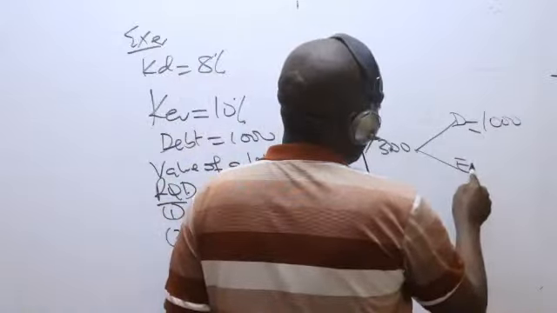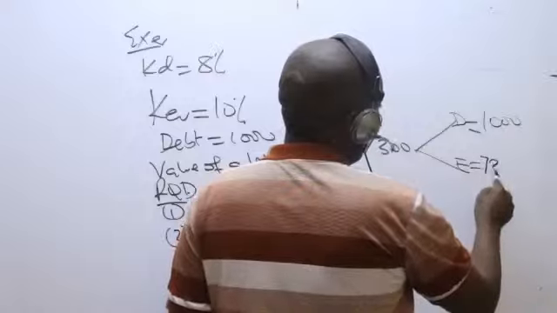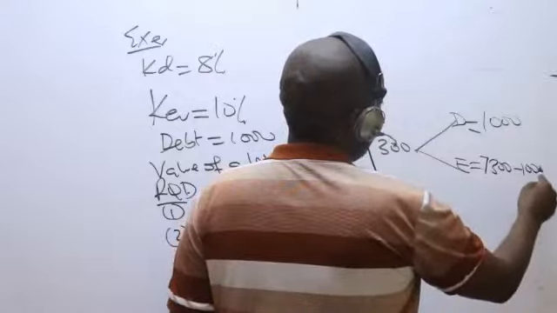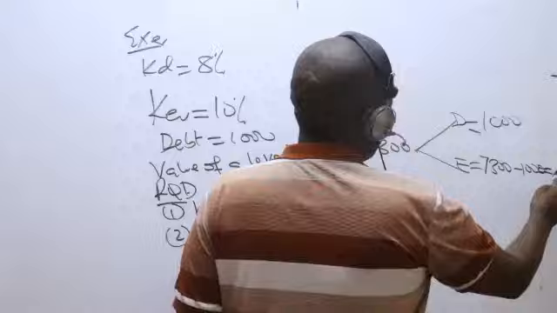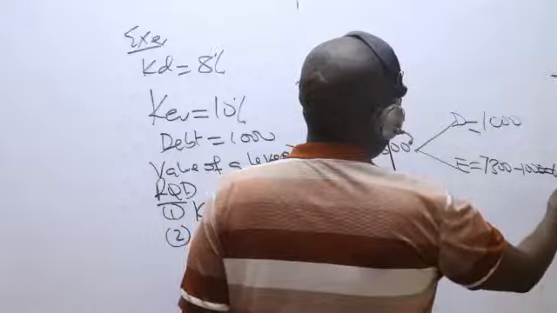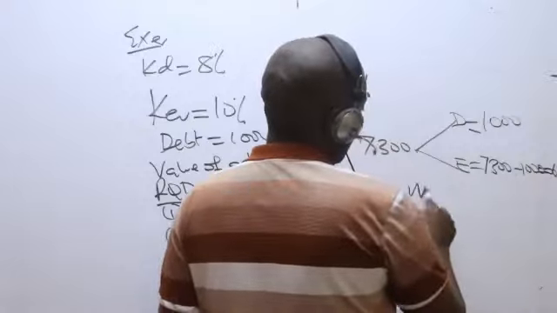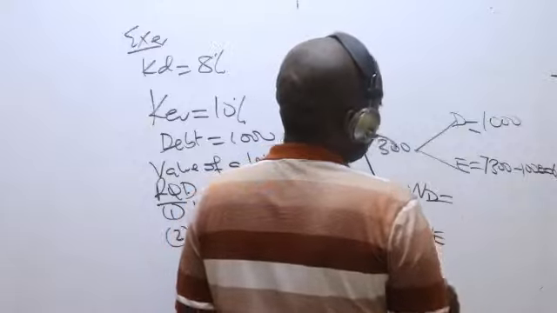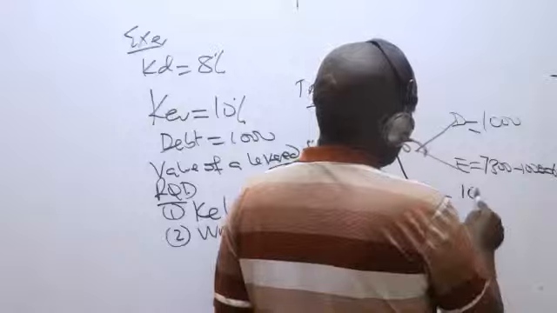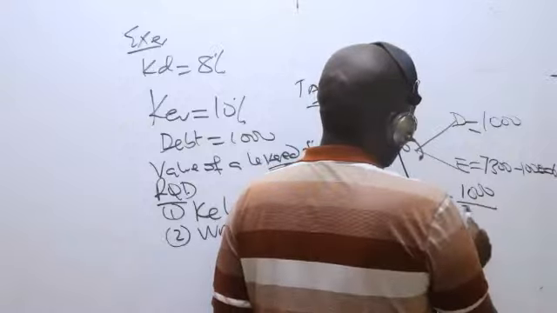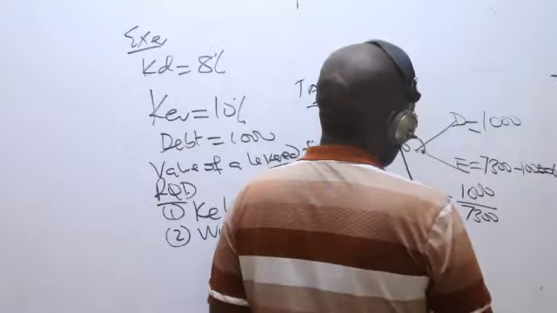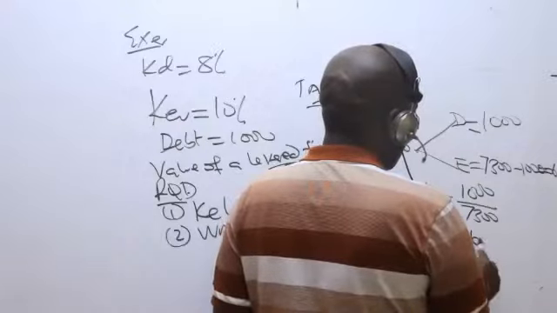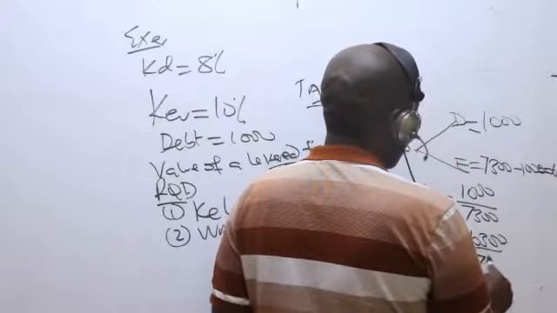So equity will be 7,300 minus 1,000, which will give me 6,300. And out of this, I should be able to get weight of debt and weight of equity. So weight of debt will be 1,000 out of the total 7,300. Weight of equity will be 6,300 out of 7,300.